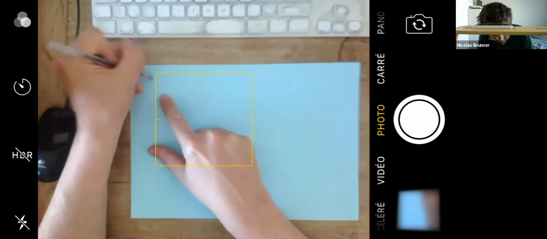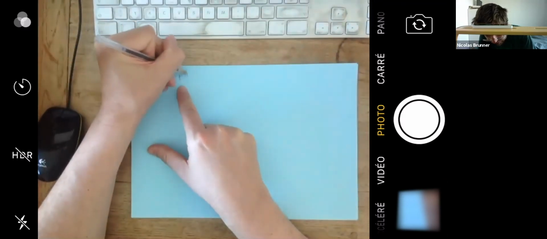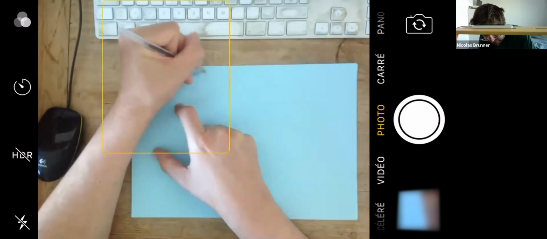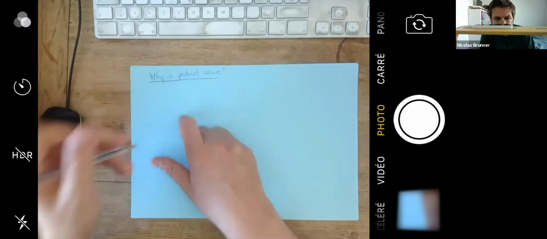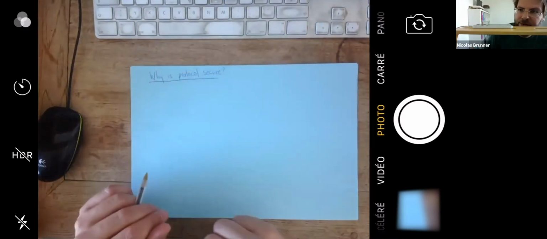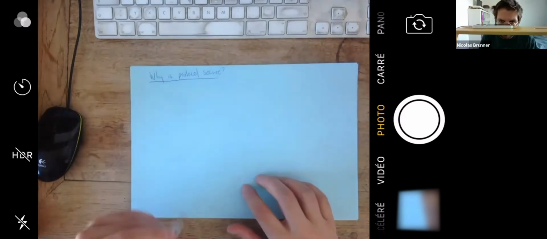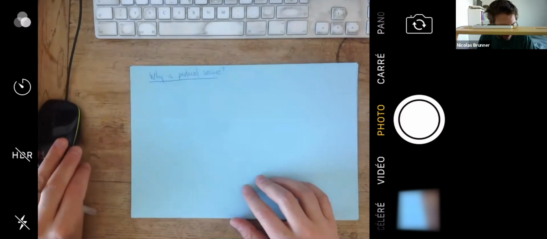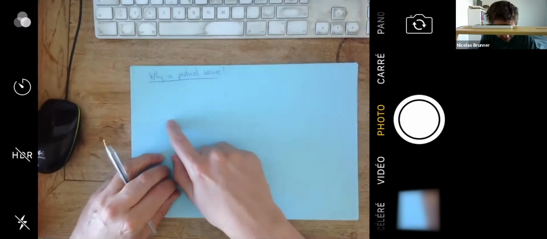Okay, so why is the protocol secure? Because everything so far was sort of qualitative. We said if Eve tries to measure, she will disturb and so on, and the intuition is right, but you need to understand better why it works.